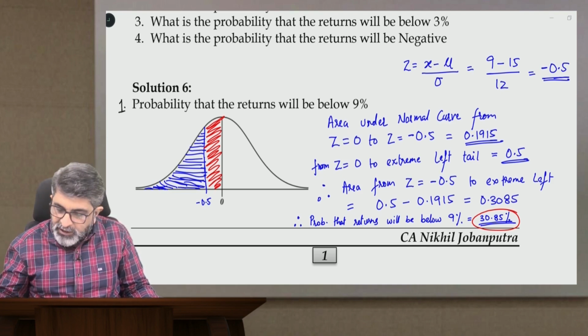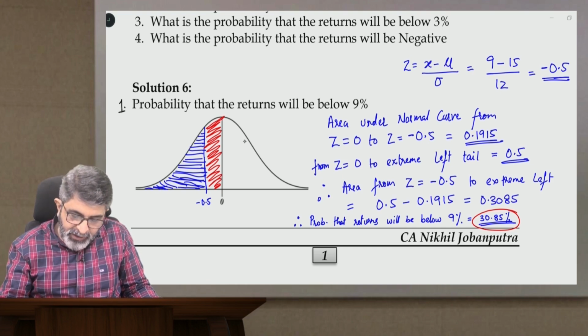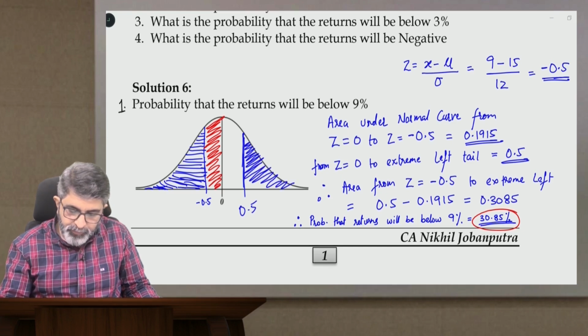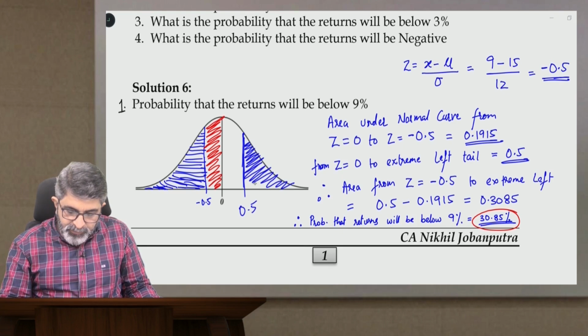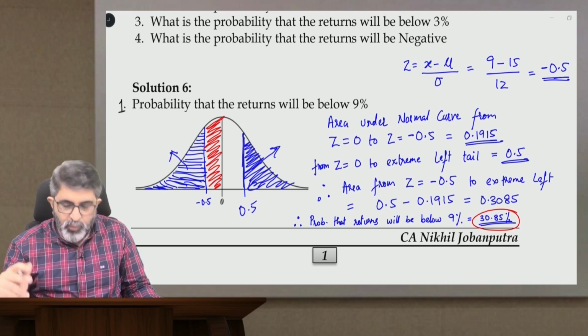Logically, if I identify this area from positive 0.5 to extreme right, can we agree that this area and this area both will be same?